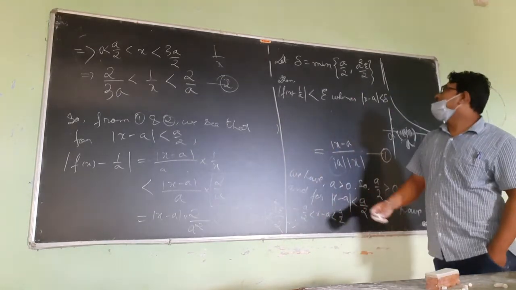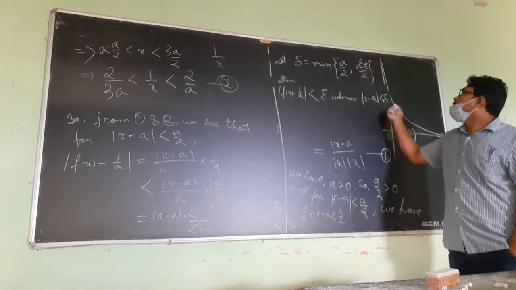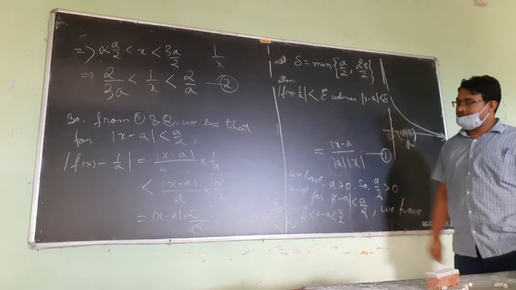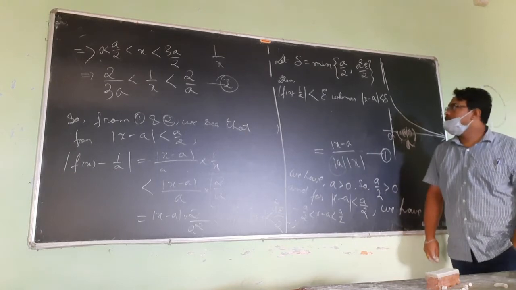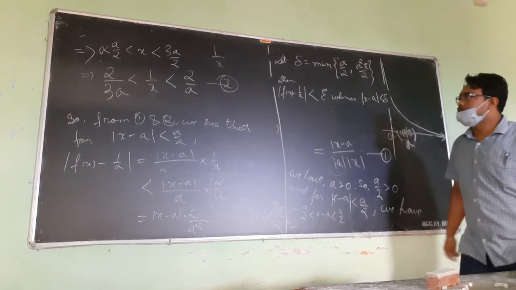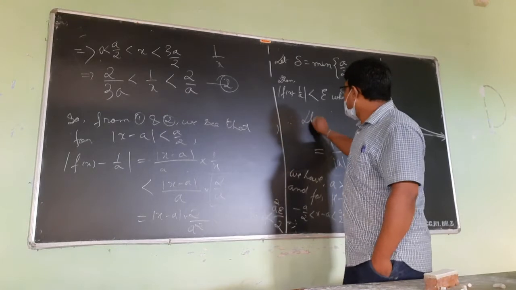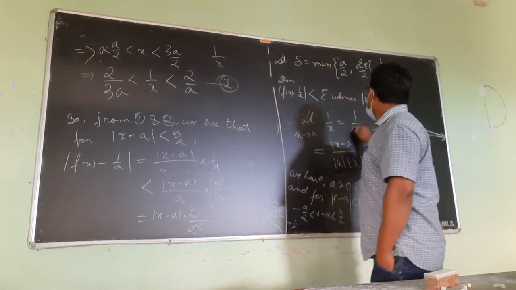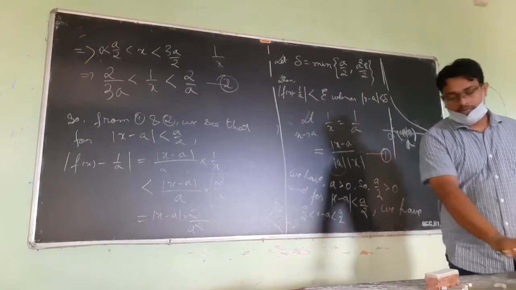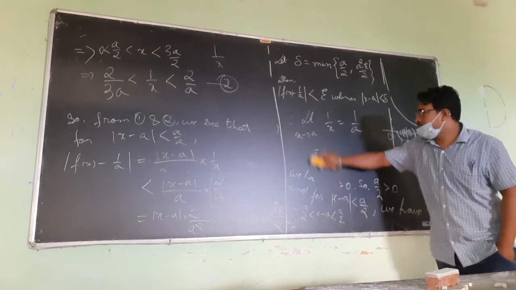If it is less than both, both will be satisfied. Therefore limit x tends to a of 1 by x is 1 by a.